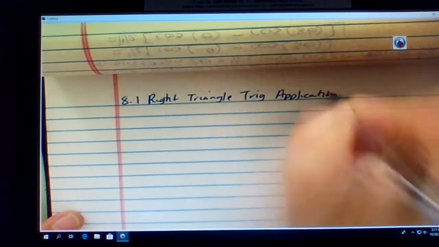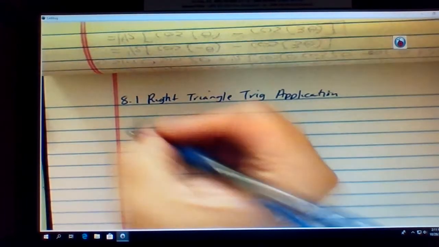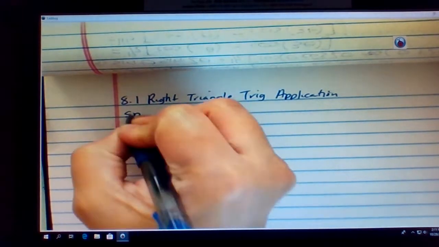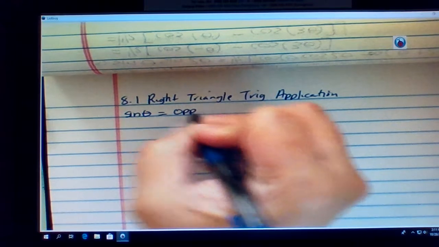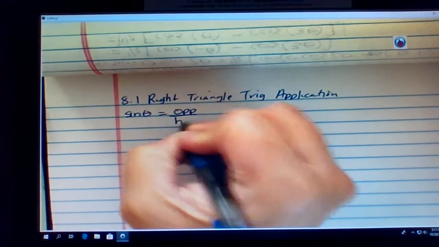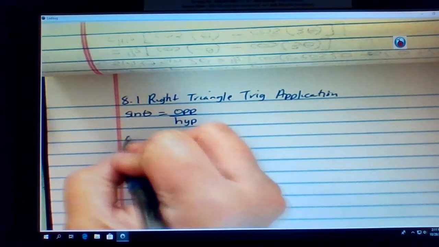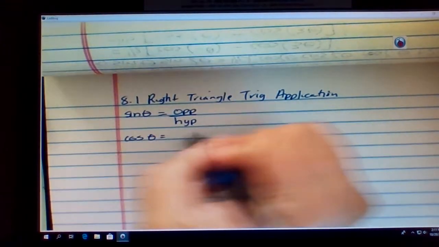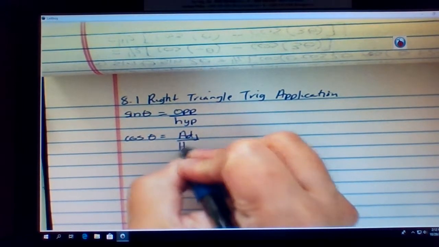I'm going to write down things that you should already know, just in case. When we have sine of a specific angle, we use opposite over hypotenuse. When we use cosine of a specific angle, it's adjacent over hypotenuse.